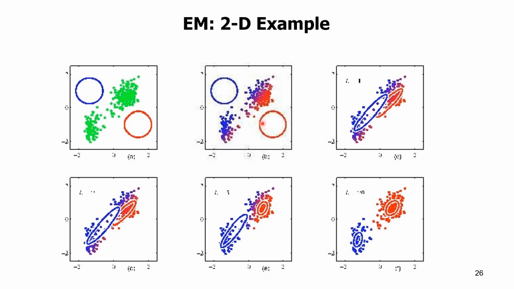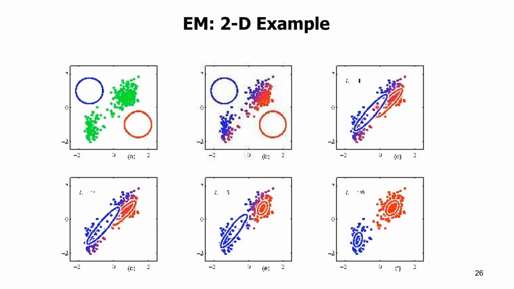That's the E step. Then in the M step, you recompute the parameters of the Gaussians by using these probabilities. This is the result of the M step, the new Gaussian distributions here and here.